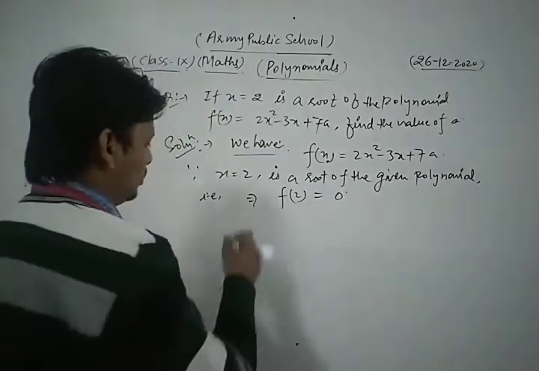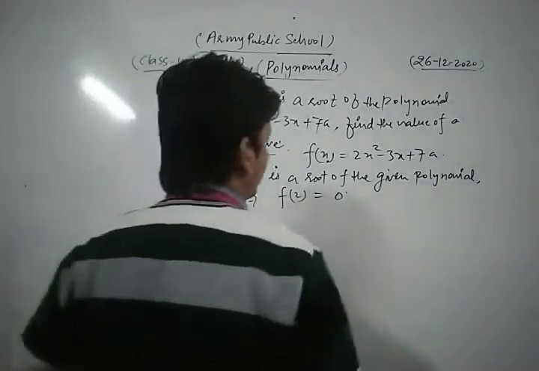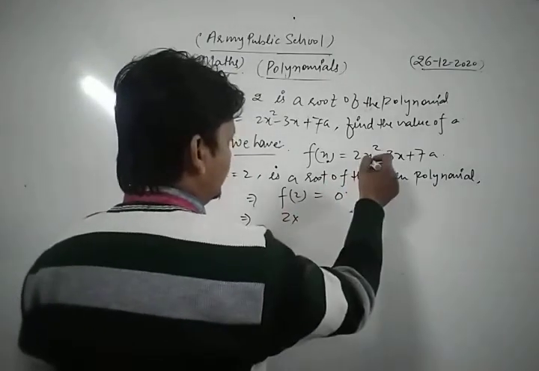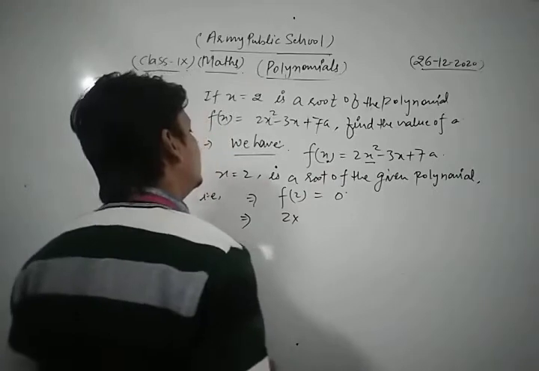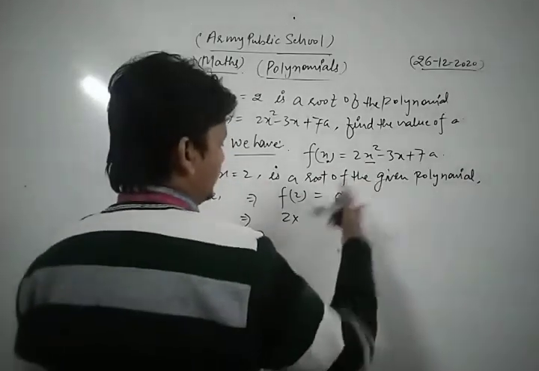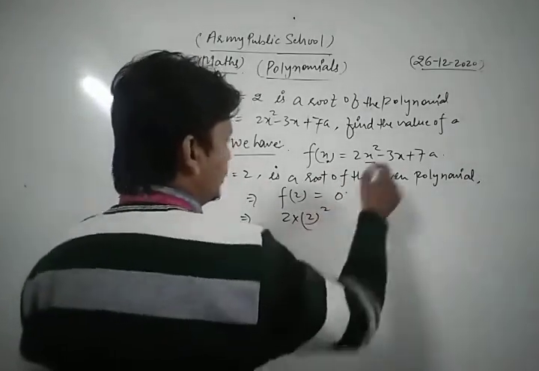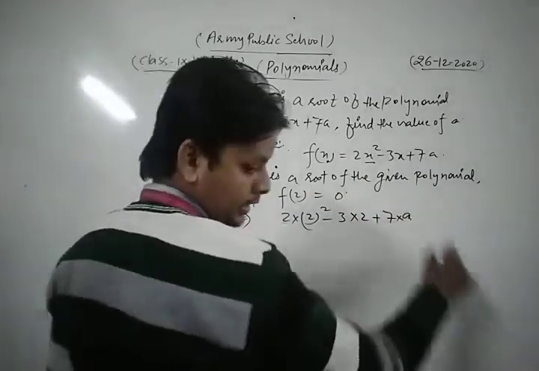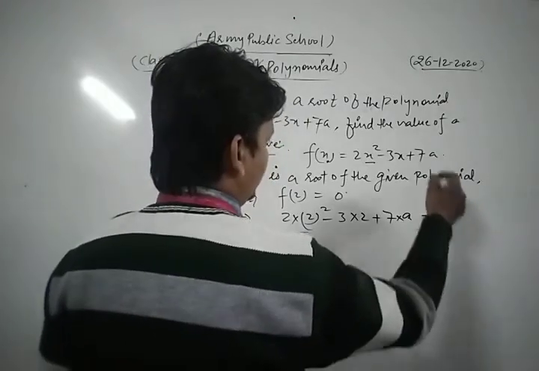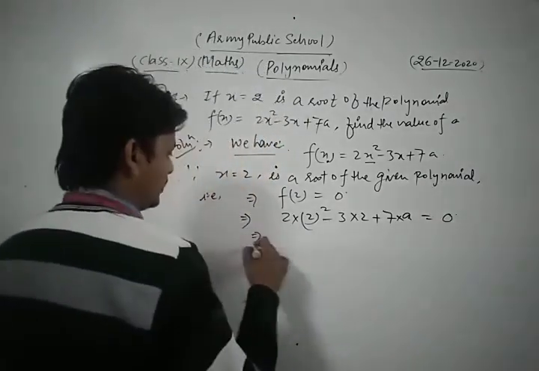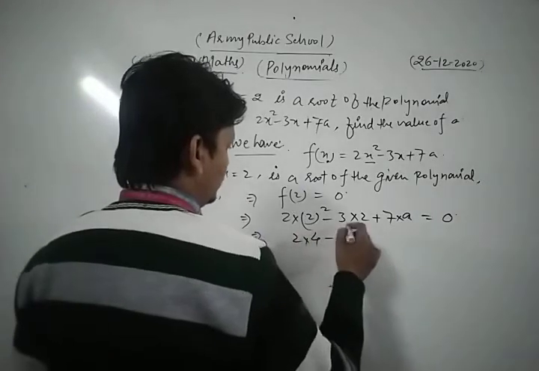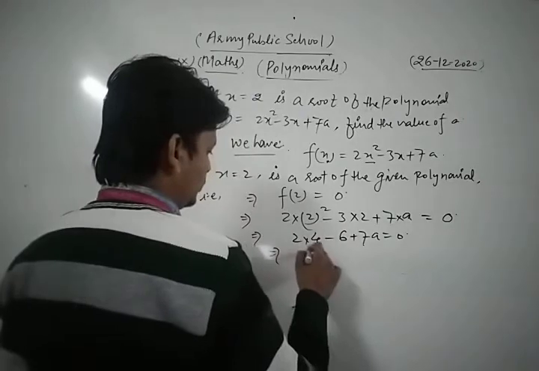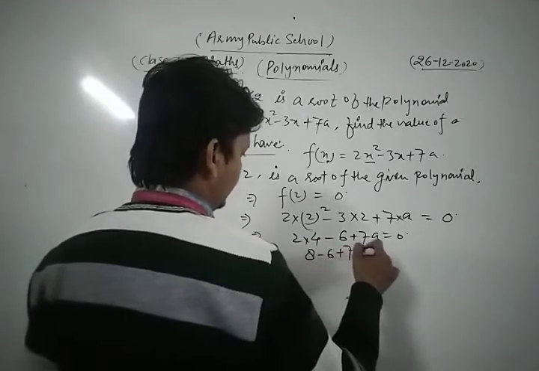Now let's see. We just replace x by 2. So we get f of 2 means what? This is 2 into 2 square minus 3 into 2 plus 7a is equal to 0. So we get 2 into 4, that is 8, minus 6 plus 7a is equal to 0.